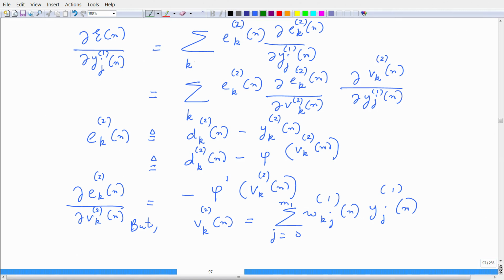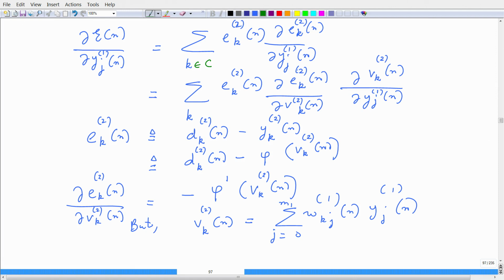So we take the partial, so it is summation over all k belonging to the set of output neurons, Ek of n, where k belongs to the output neuron, Ek of n in layer 2 times the partial derivative of the error with respect to the functional signal at neuron j in the hidden layer.